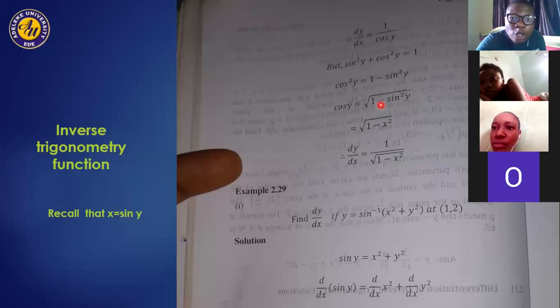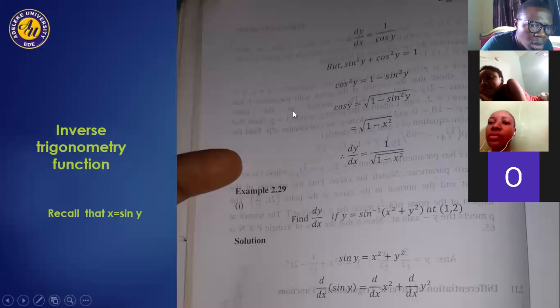Because where did you get your sine now? You know your sine y is what? What is your sine y? Sine y cannot be x squared.